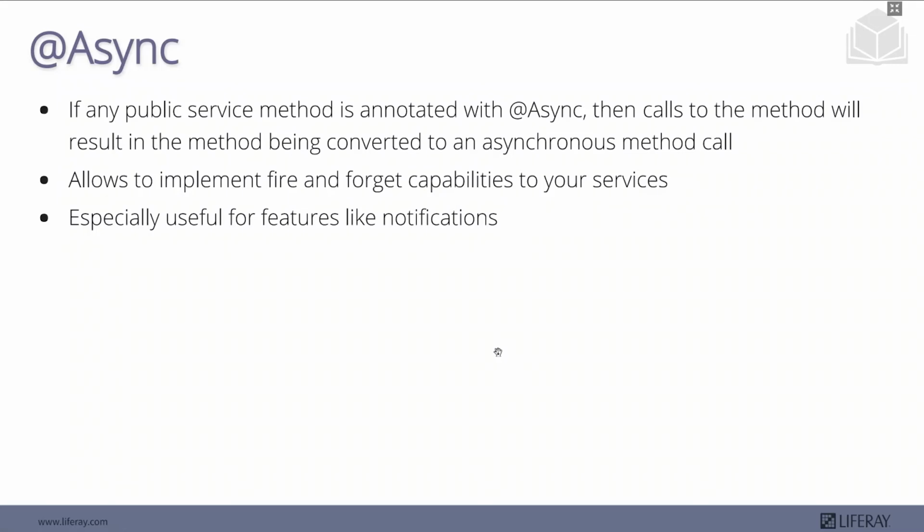Any method that we create in our service builder project that's annotated with async is going to be an asynchronous method call. So pretty simple there, right? The idea here is call the method. It's going to be kind of a fire and forget. Just call and it's done. That's it. This is especially useful when we want some sort of notification system.